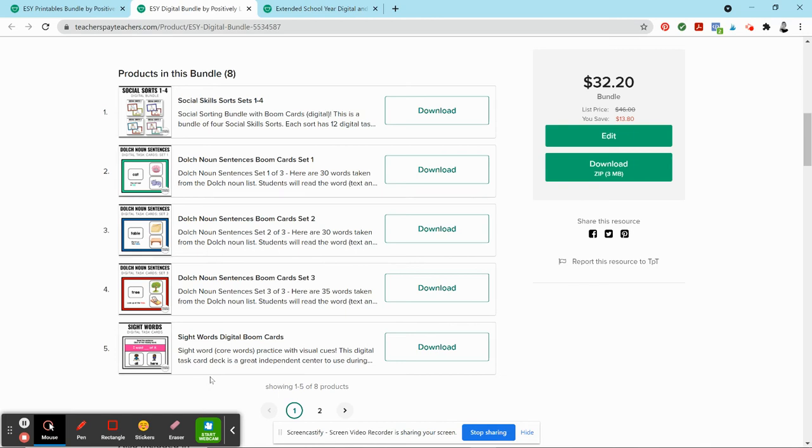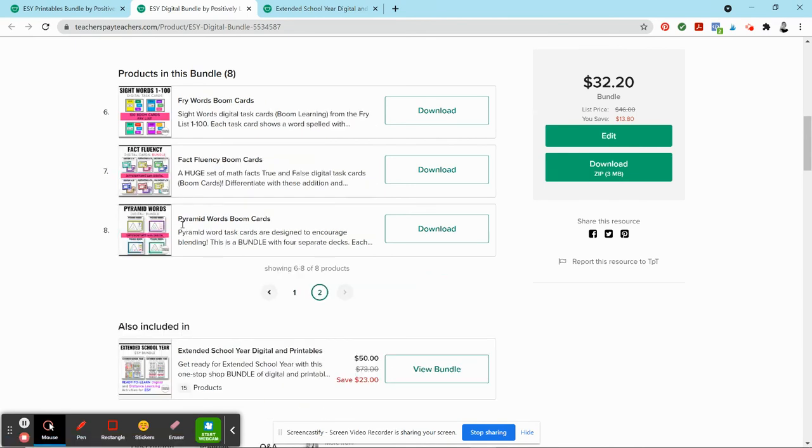There's sight words. And what I love about these sight words is they are very different than what we saw in the printables. In the printables, it was practice. Practice recognizing, identifying, writing, reading, and so on. These are more of sight word sentence comprehension, more of the meaning behind it, which I think is a great balanced approach. Then there's also 4 more sets of Fry words.